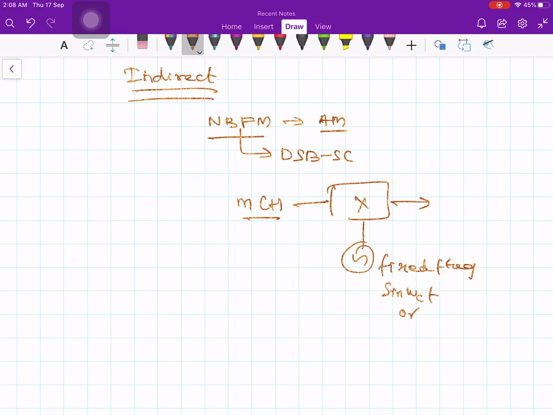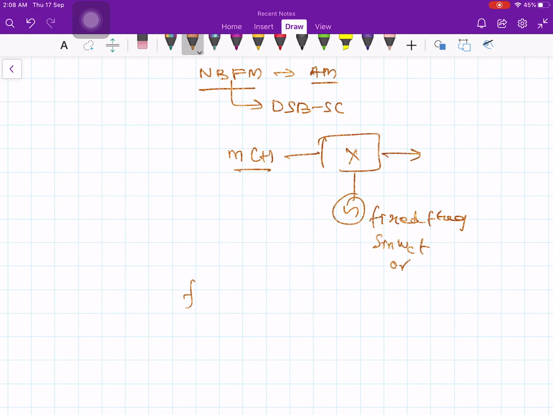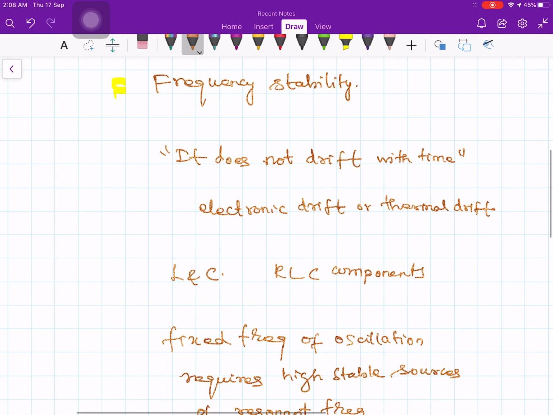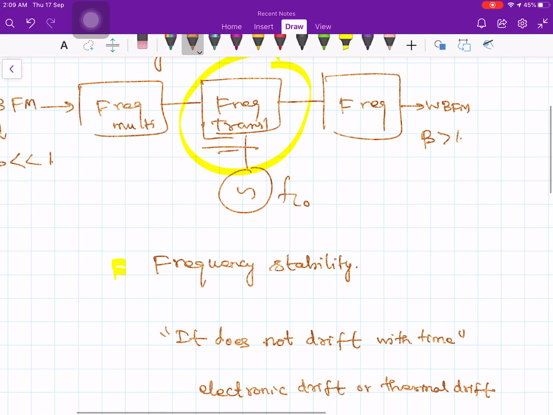So that's what I mean by this advantage, frequency stability in the indirect method. The center frequency of the carrier is not subject to drift. What is my center frequency? fc, and this one is not subject to drift. That's what we mean by a highly stable circuit. So frequency stability is more.